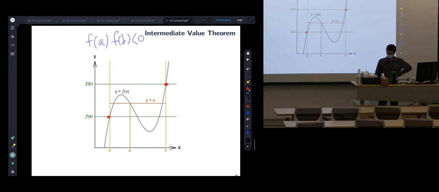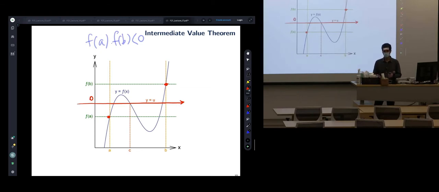So we do need a zero crossing line, right? To be negative on one side and positive on the other, that means at some point the function needs to cross the line, because the function is continuous.